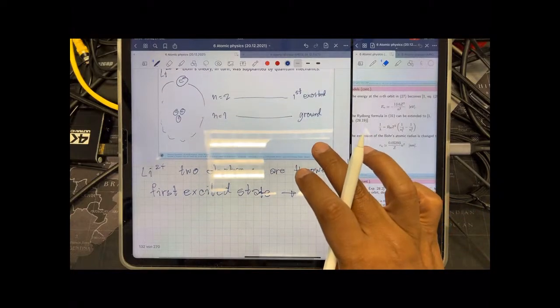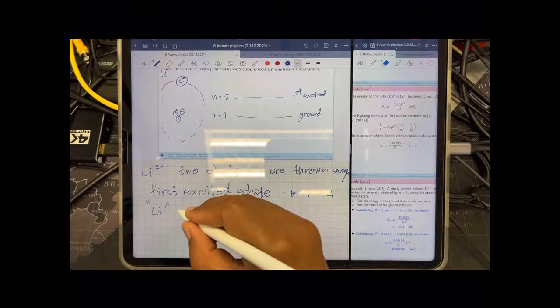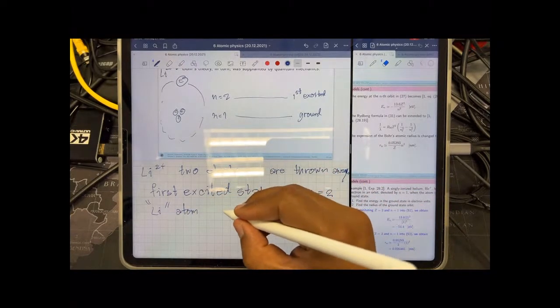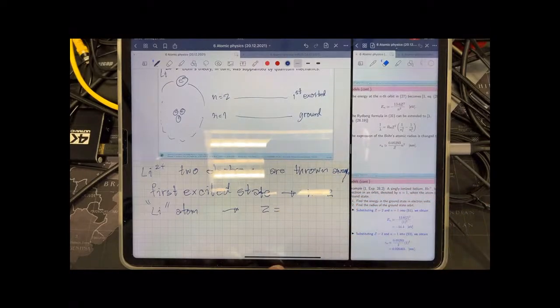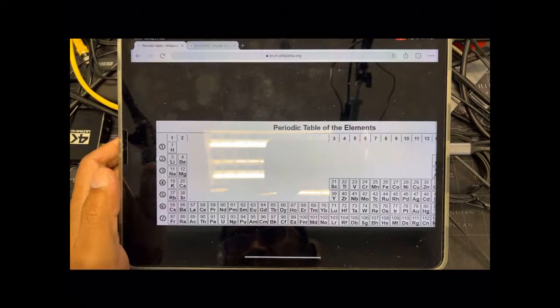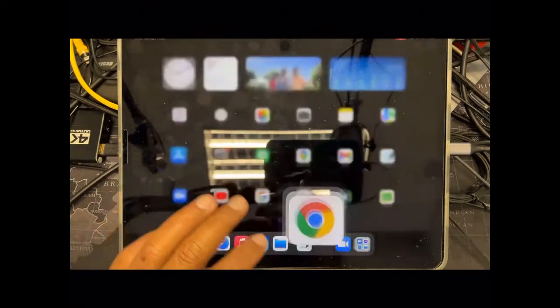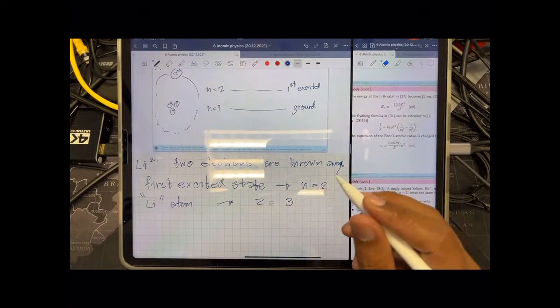And a lithium atom means Z equal to what? Lithium is over here, so the atomic number is 3. We have Z equal to 3.